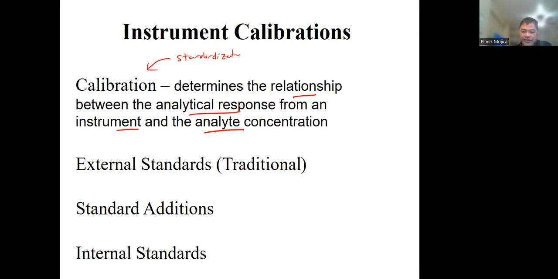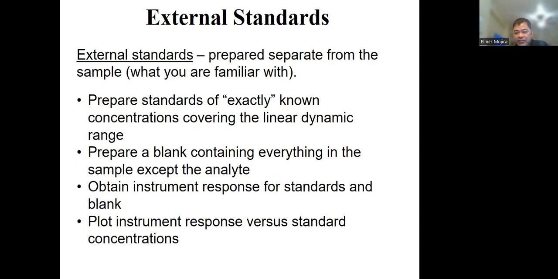The most common is the traditional use of external standards, which is the calibration curve. Then we have standard addition and the use of internal standards. What we commonly use here is external standards.